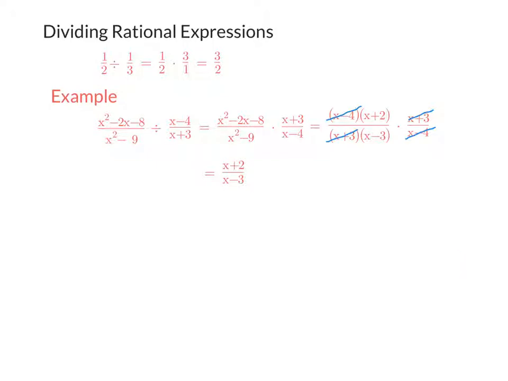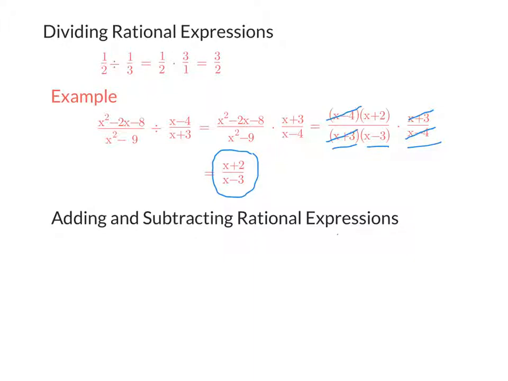But again, note, there are values that this rational expression cannot be, because if you go back up to the factored terms, we can see that x cannot equal plus 3, x cannot equal minus 3, and x cannot equal plus 4. So there are 3 values that x cannot have, even though this is a simplified solution to this division problem.